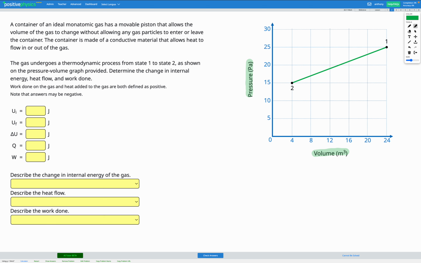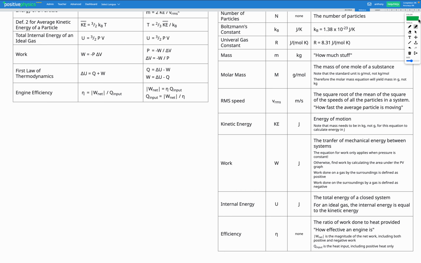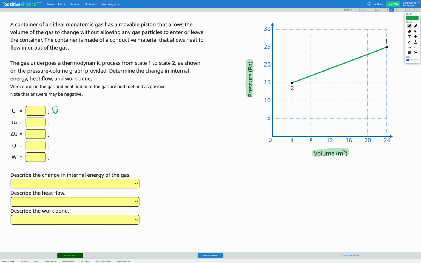Okay, so first let's go to our reference sheet and find our relevant equations. We've got 3 different equations that are going to come in handy for us here. Firstly, we have the equation for the total internal energy of an ideal gas, which is U equals 3/2 PV.